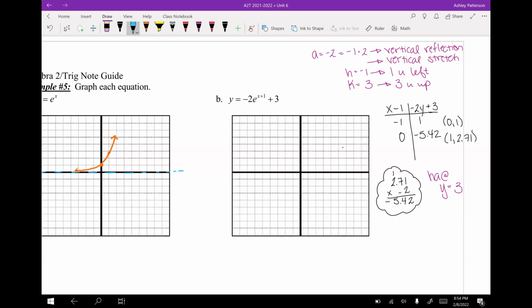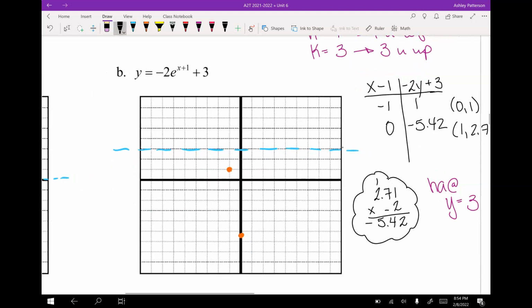So let's sketch that in. 3. Okay, and we have a point at -1, 1. 0, 1, 2, 3, 4, 5. Holy smokes, that's way down there. Man, what's this going to look like? Think back to the parent function. The parent function, if I were to dash it in, is going to look like this, right?